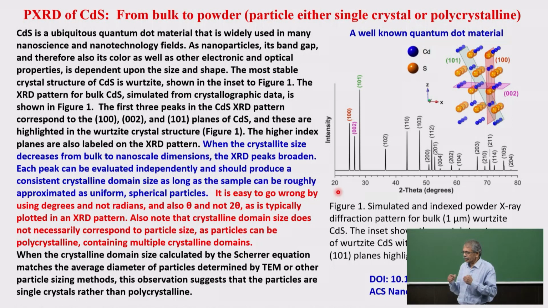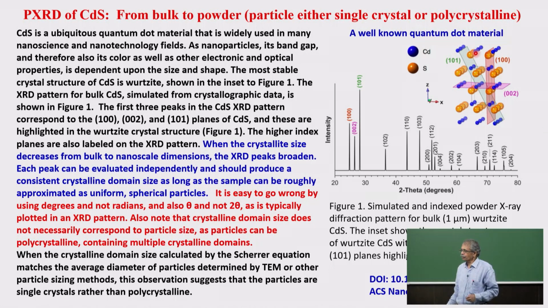The crystalline domains are important, so people can go wrong. They use degrees instead of radians, and also crystalline sizes, etc. They presume that they are all the same size, they presume that they are all the same shape, etc. So all of these aspects can make the interpretations go wrong.